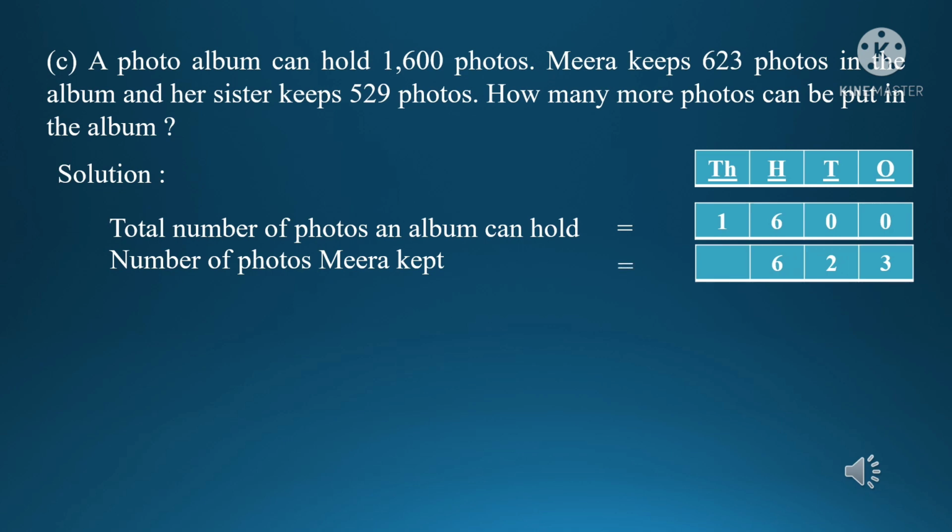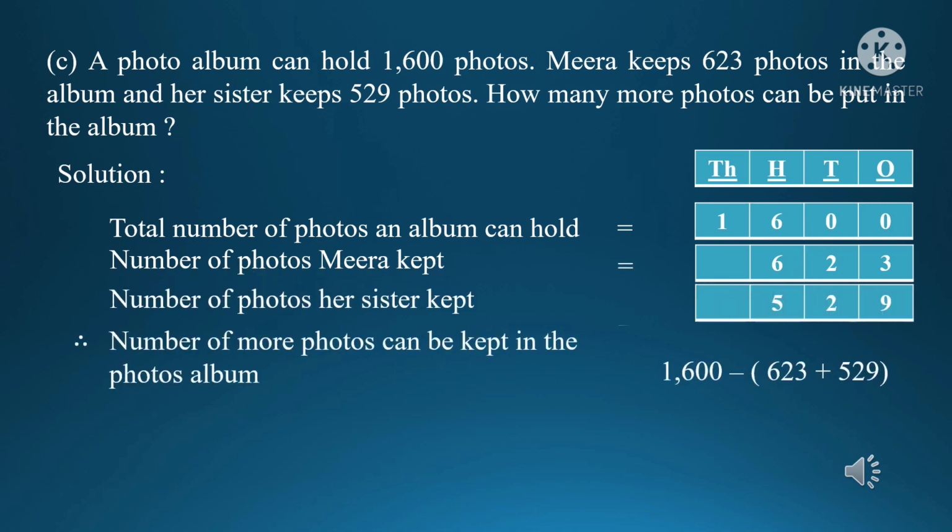So how many photos were already kept? You can just add them, 623 plus 529, inside the bracket. After adding we have got 1152. So that means this number of photos are already kept.